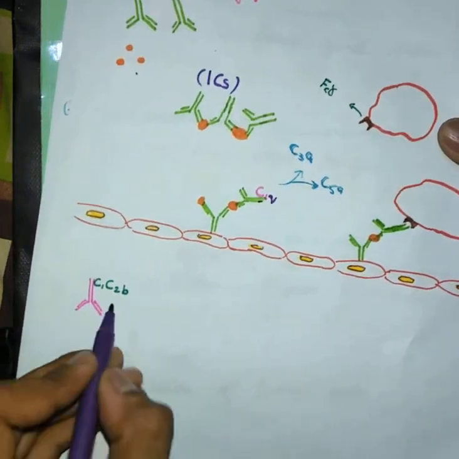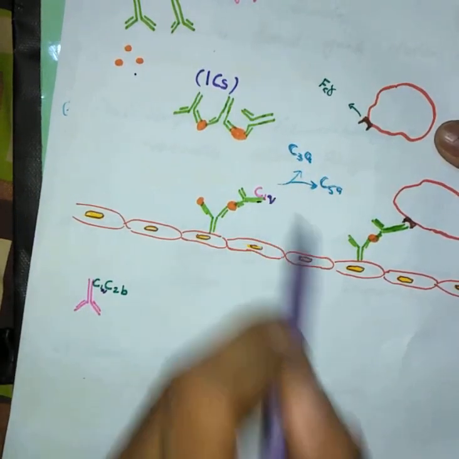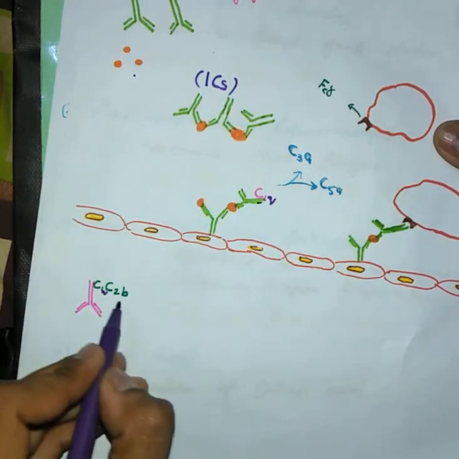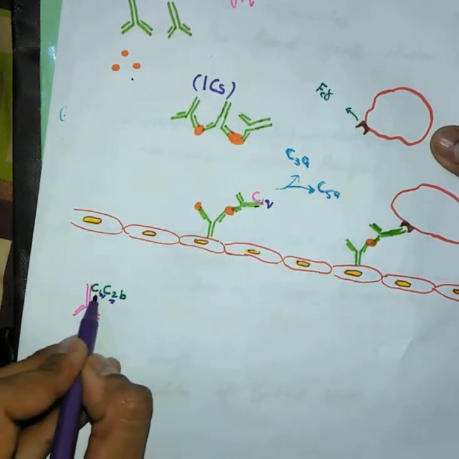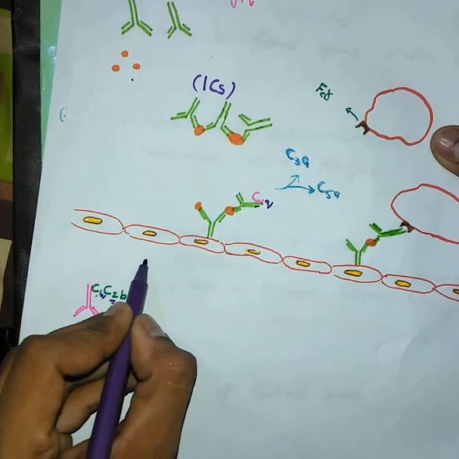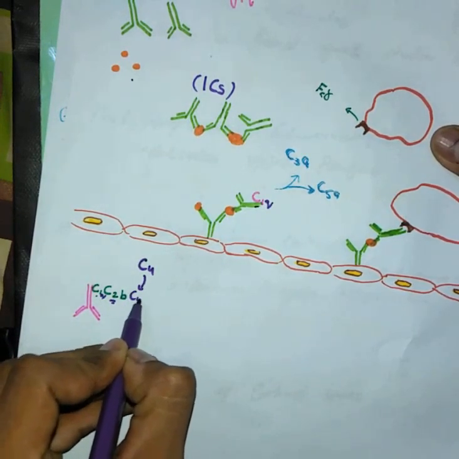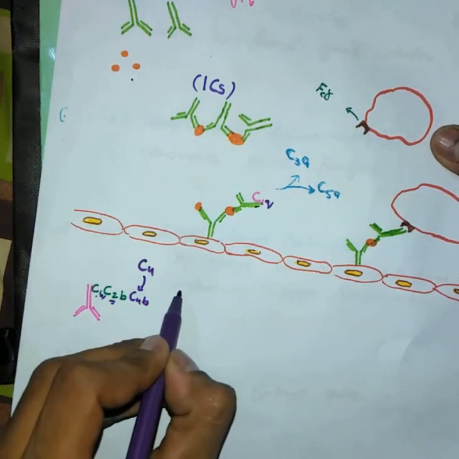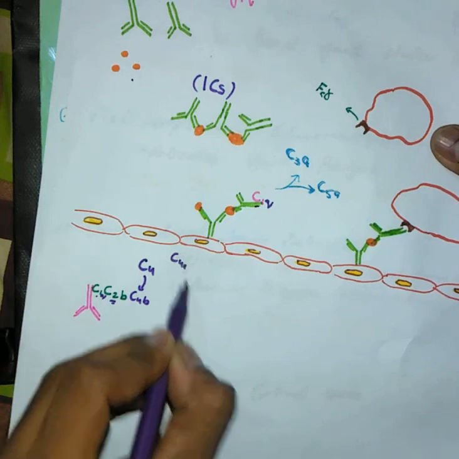For example, first C1q will attach to the Fc portion of the antibody, then C2b will attach, then this C1 and C2b will convert C4 into C4b and C4a.